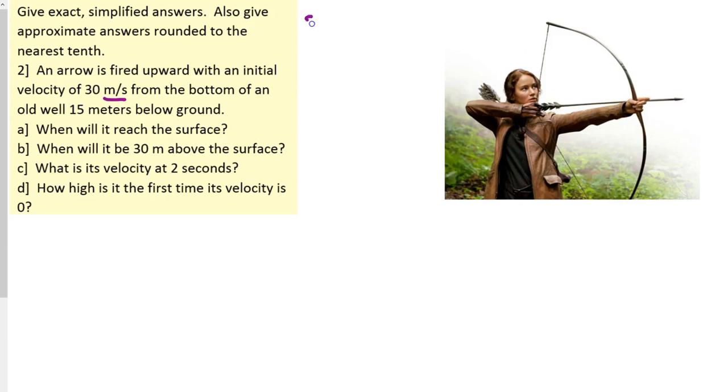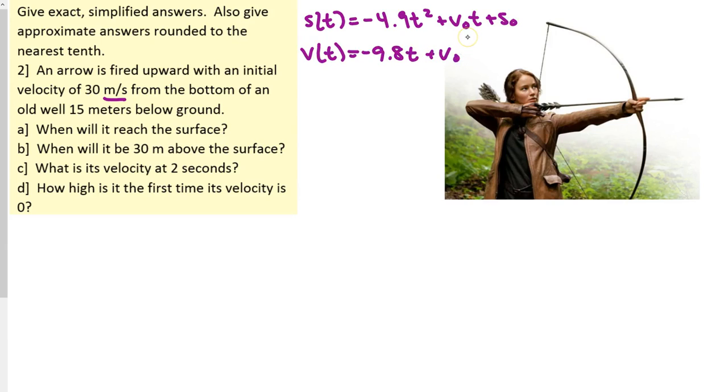So the equations we want to use are S of t equals negative 4.9 t squared plus v naught t plus s naught, and v of t equals negative 9.8 t plus v naught. And we're told our initial velocity is 30, and it's upward, so that's positive 30.